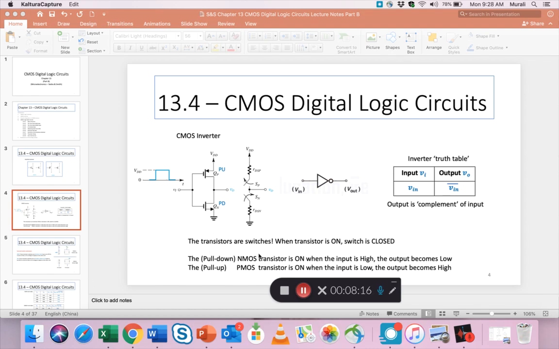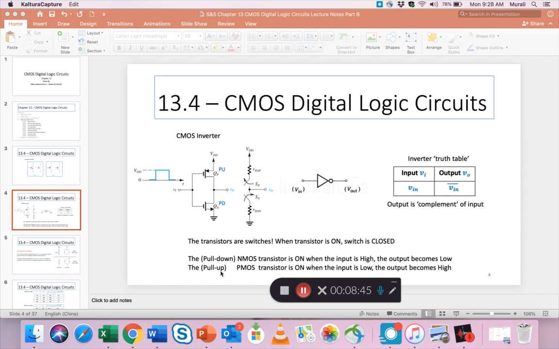Now the pull down NMOS transistor, this one, is on when the input is high, right? So when the input goes high, the NMOS transistor turns on, so this switch is closed, and the output becomes low, right? That's why we call it a pull down, because when the input is high, the output gets pulled down to 0. The output becomes a low.